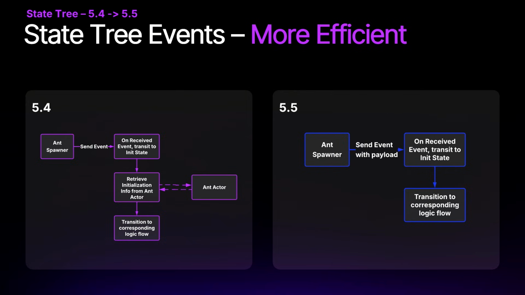Then it enters a state to retrieve initializing information from the actor. Then from there, it transitions into a corresponding logic flow. But in 5.5, with the custom payload structure, we are able to just send a trigger with that payload and transition into the corresponding logic flow straight away.